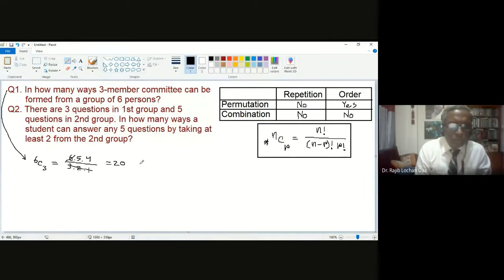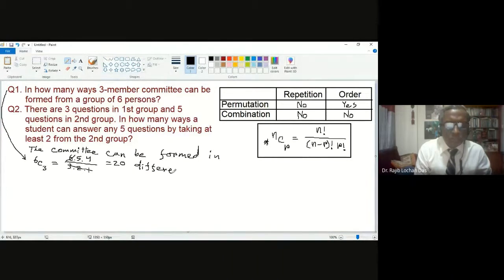So 20, you can write, the committee can be formed in 20 different ways.